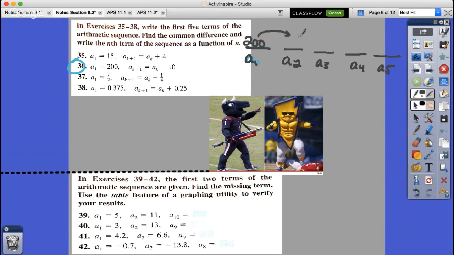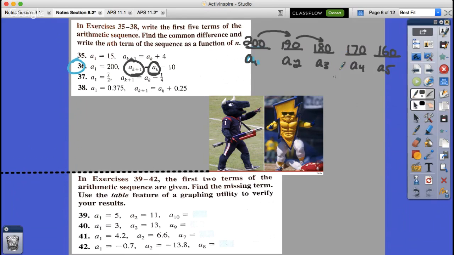Now, in order to go to the second term, we plug it into our rule here, which states that whatever a sub k is, in this case a sub 1, we subtract 10 to get to the next term. Now, that k plus 1, don't let that confuse you. That just means that we're going to hop from A1 when we plug in 200 minus 10. We get 190. That just means the next term, so we plug in for a sub 2. To get to a sub 3, we simply plug in 190. We subtract 10 to get to 180, and we go so on and so forth.